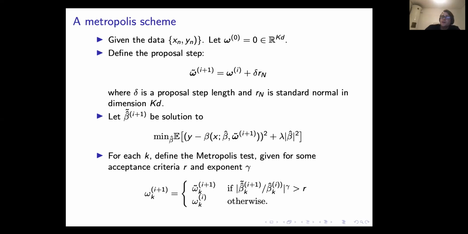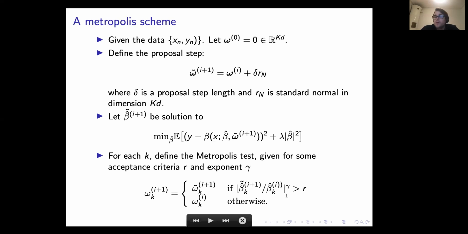Okay, and then what we do now is that we have k Metropolis tests. So letting small k go from 1 to large K, we take the quotient of the proposed amplitude with the old amplitude raised to a gamma, and we see whether or not that's larger than R, where R is some acceptance criterion.